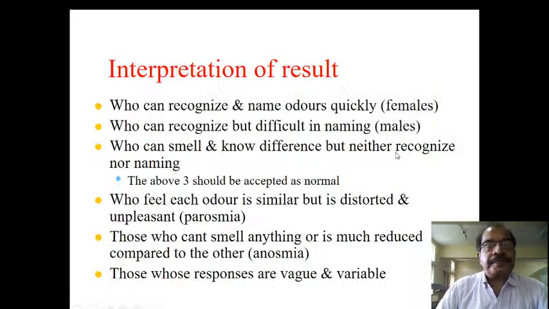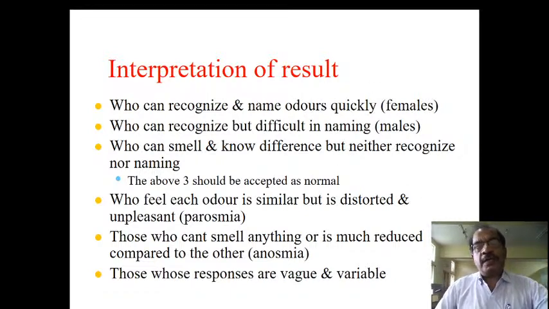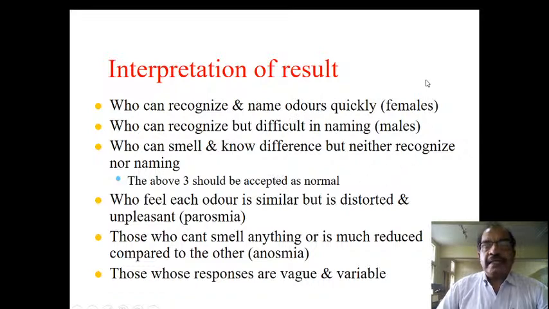So once you see whether the patient is able to feel the smell or not, then you have to interpret the results. But the results will be different in different individuals. There is a difference between males and females. Females have higher acuity as far as olfaction is concerned compared to males. So depending on that, you have to see. First, whether the patient can recognize there is a smell or not.